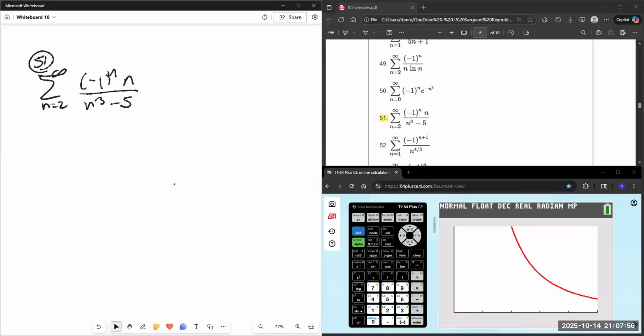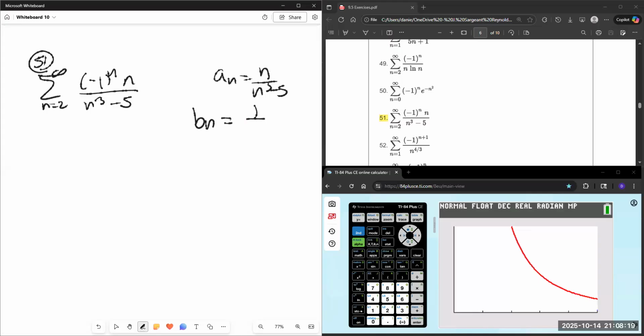And I'm going to look at this piece, a_n equals n over n cubed minus 5, and this looks related to n over n cubed, which is 1 over n squared, which is a convergent P series. So I imagine this piece is going to converge on its own. I'll use the limit comparison test.